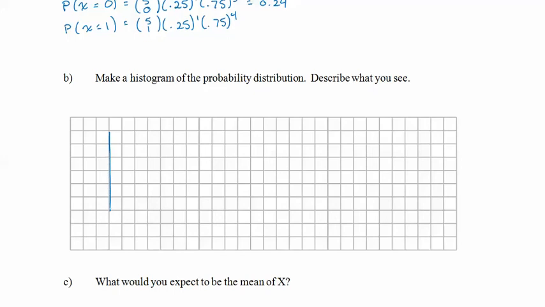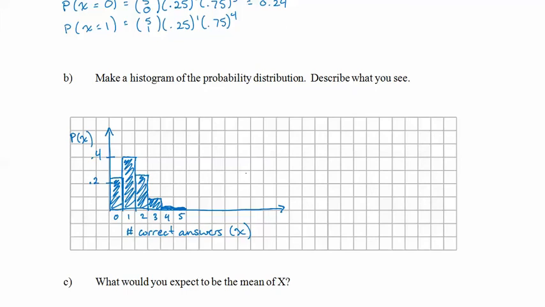So once again, you should go and do that on your own as practice, and then come back and see if you got the same thing that I did. All right, so your histogram should look like mine. And we're going to look at, remember, SOCS. So the shape is skewed right. And it's unimodal.